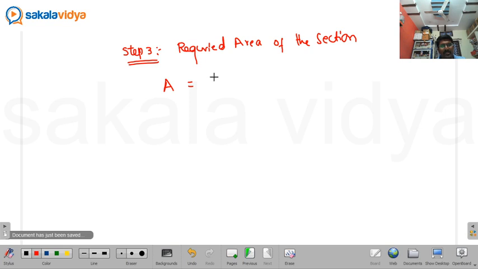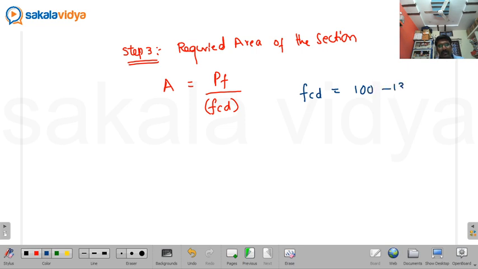Area is equal to factored load divided by some assumed compressive stress. In this case, we are going to assume compressive stress for a single angle section, it must be in between 100 to 135 Newton per mm square. We have discussed this assumption in our previous class.